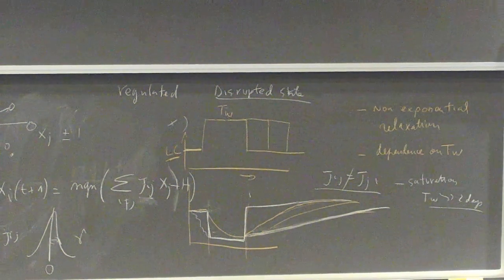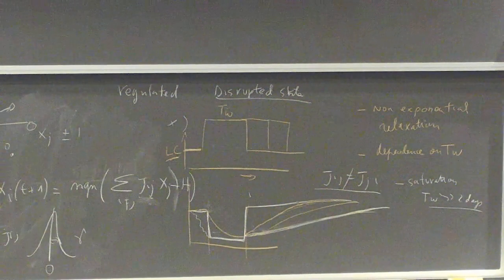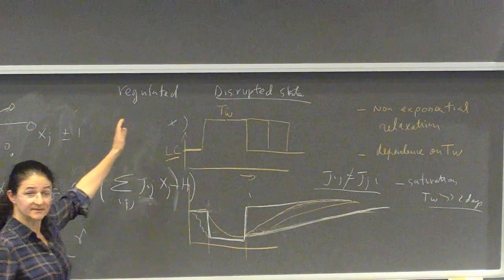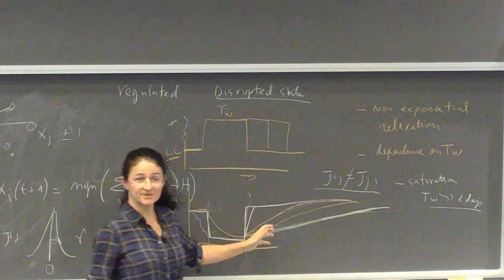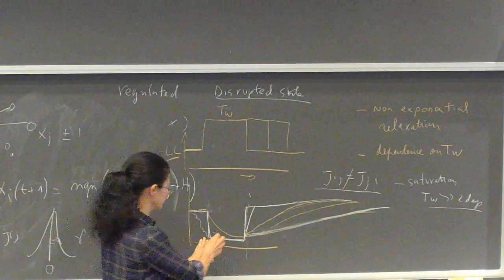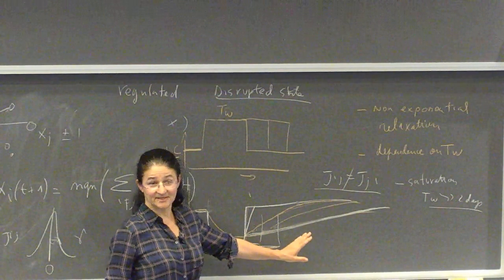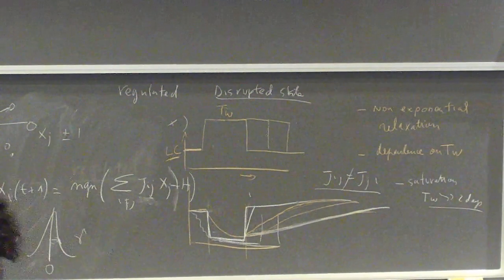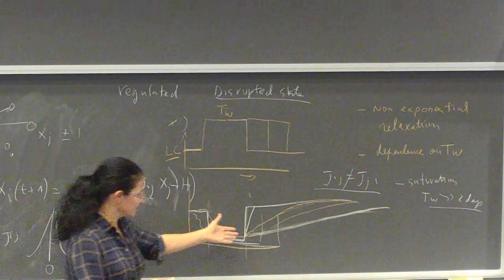So we took the bacteria from this limit cycle. Instead of going to this disrupted state, actually they go into what we call the regulated state. And from there, the relaxation is very fast, exponential, and does not depend on the time. So then you can increase the time and the relaxation doesn't depend on it anymore.